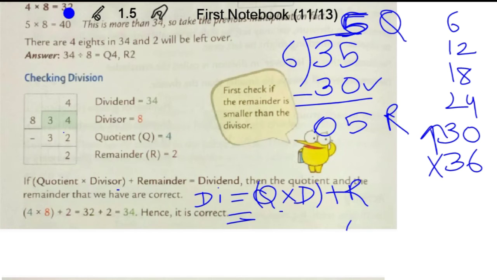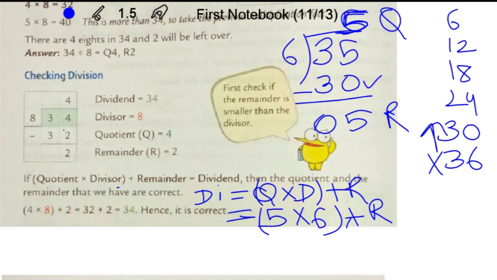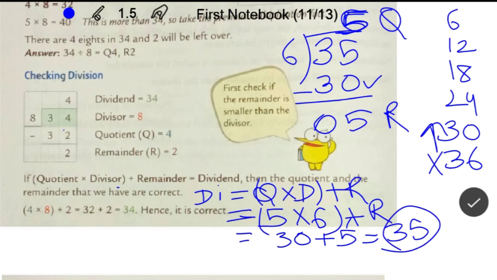So our quotient is 5 multiplied by divisor, that is 6, and then plus remainder. So 5 sixes are 30 plus remainder 5 equals 35. So it means our answer is right because in both places the dividend is the same. So our answer is right.